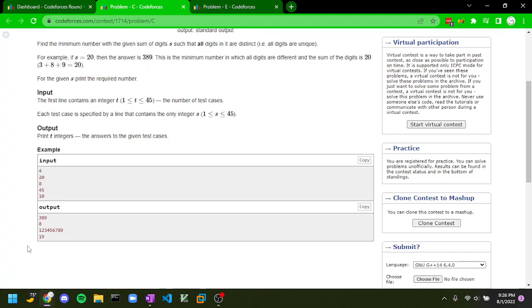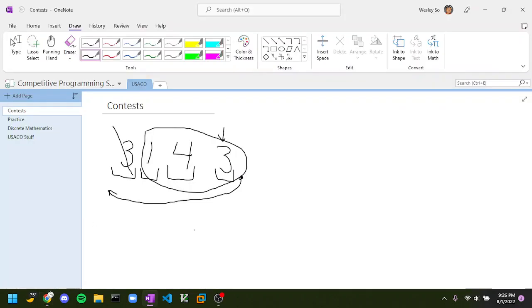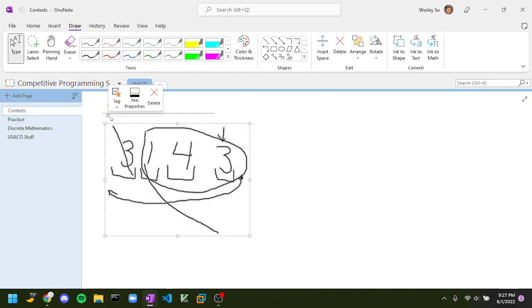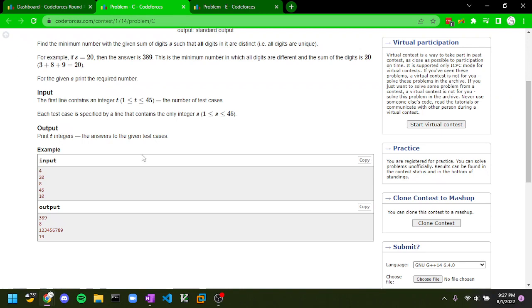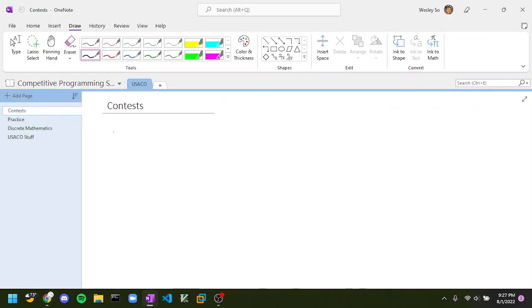And so the trick to doing this is to find the minimum, which is either 9 or s, and then we keep subtracting from s. Like, for example, let me delete this. So we're given 45.